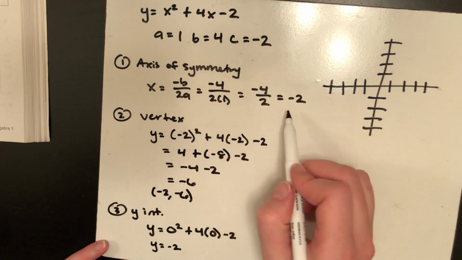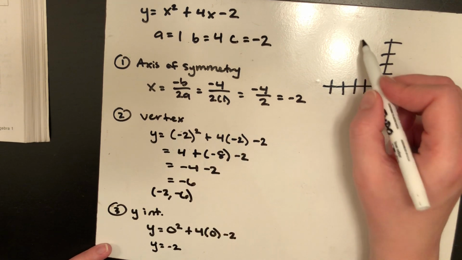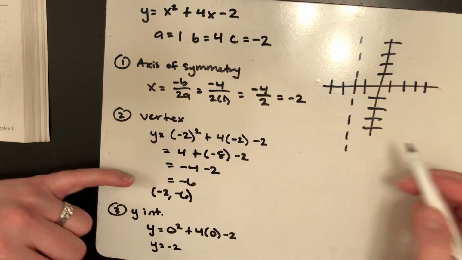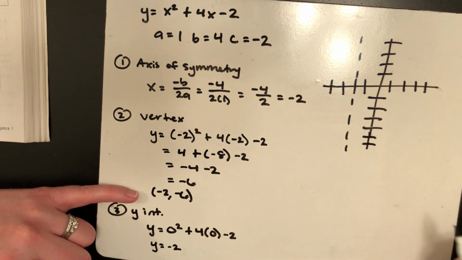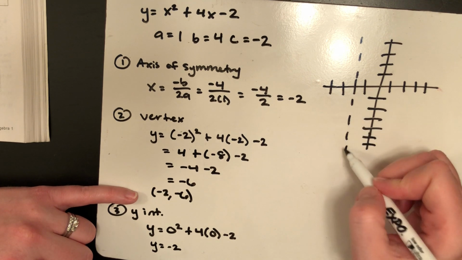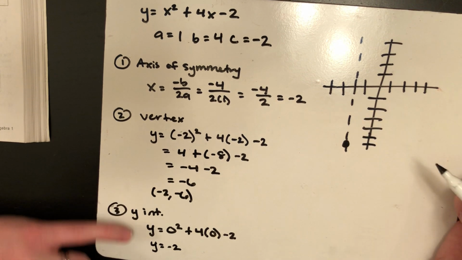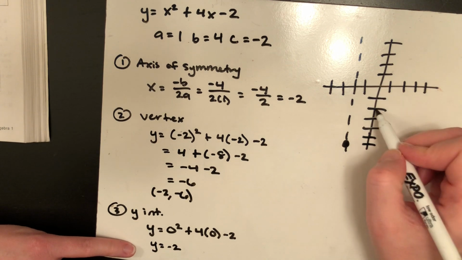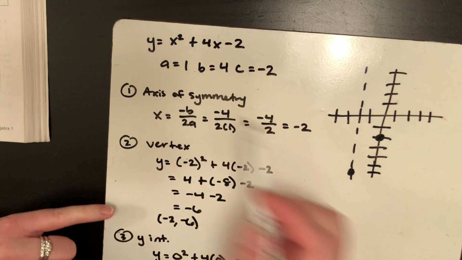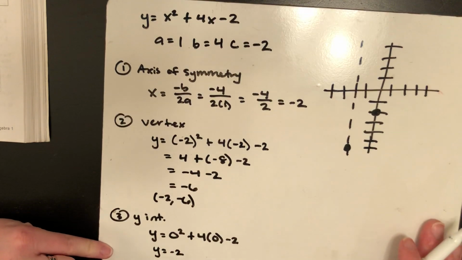So my axis of symmetry is at x equals -2, which would be right here. My vertex is at -2, -6, so -2 and down to -6 would be right here. My y-intercept is at 0, -2. I know this parabola is going to open up because it's a positive x squared.